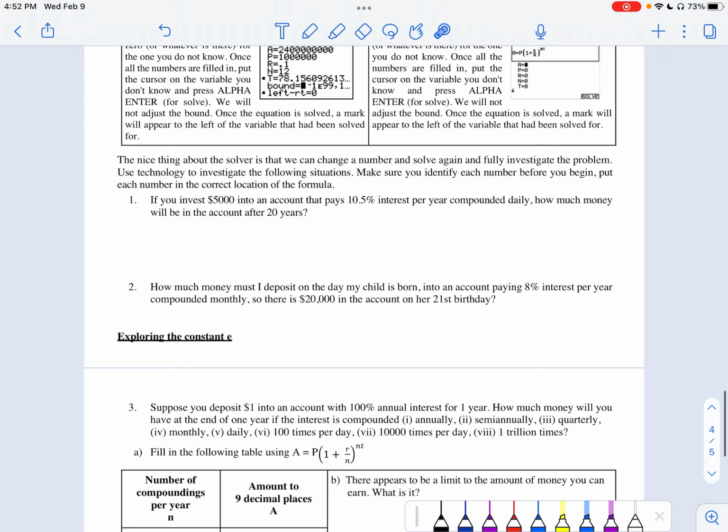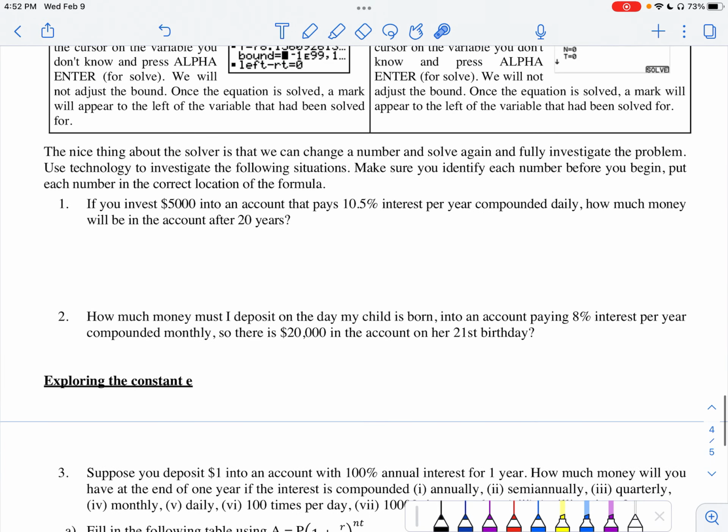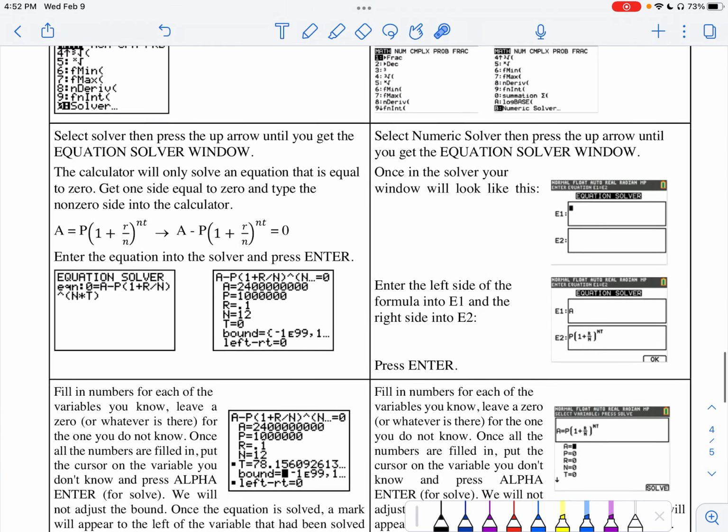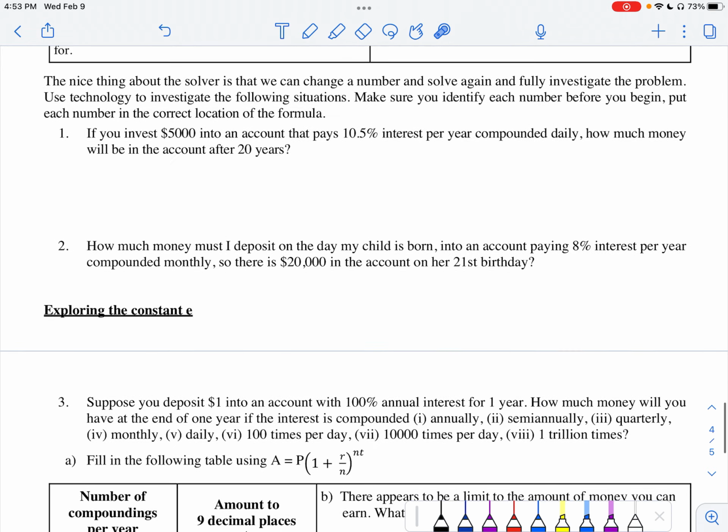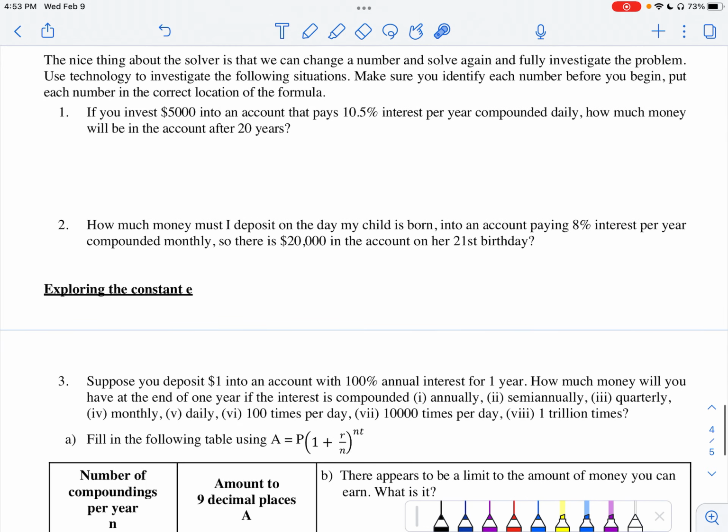I'm going to show you how to do these by hand, but the nice thing is that you can use this information right here in order to check your answers. And you can also quickly make adjustments if you want to say, well, what if my principal was $1,000 higher? Or what if my compounding period was smaller? You can make quick adjustments and not have to run through all of the same calculations by hand. So that's kind of a nice feature of doing the calculator.